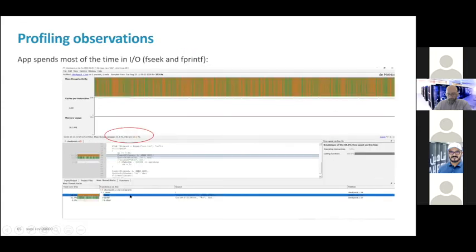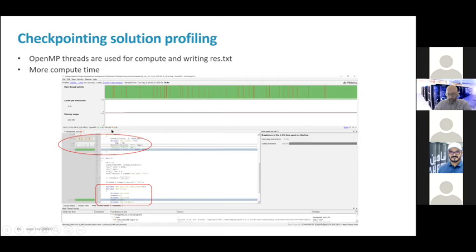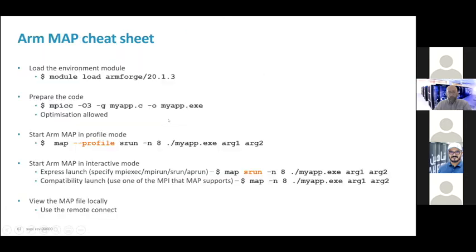Previously we had a very high I/O bottleneck, and the time is 250 seconds. You can see 69%, whereas now we are down to 4% and 28 seconds. So by making your code efficient, you can overcome the I/O bottlenecks that are clearly highlighted in MAP.